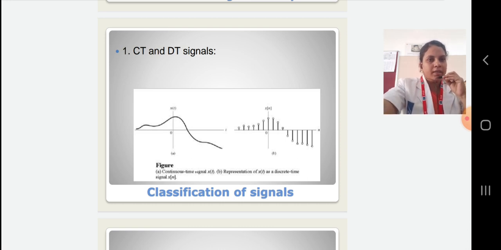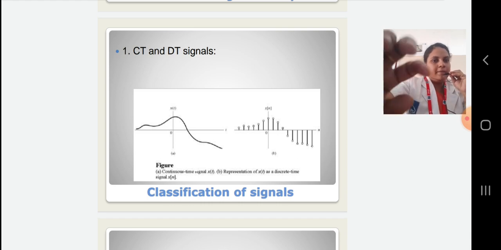And what is a discrete time signal? See the second figure, where the amplitude changes at every instant of time. So it is known as a discrete time signal. There is no continuation in that. It is not continuously varying. It is varying, but at different instants of time. Right.